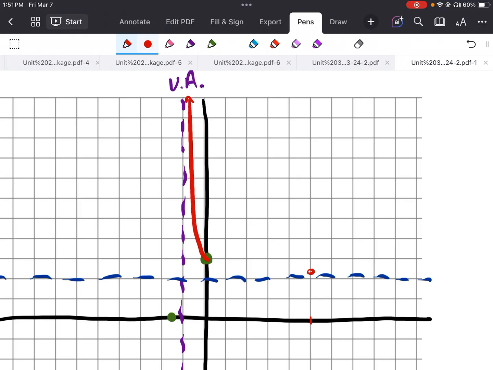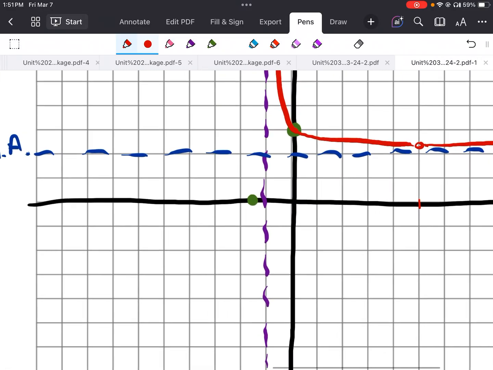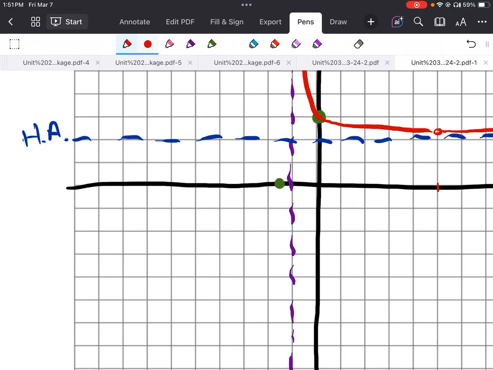Okay, we know this by the y-intercept and the hole. So it's going to approach the hole, make a hole, and then continue on afterwards. And then based on our x-intercept to the left of the vertical asymptote, we will be in the bottom left quadrant.